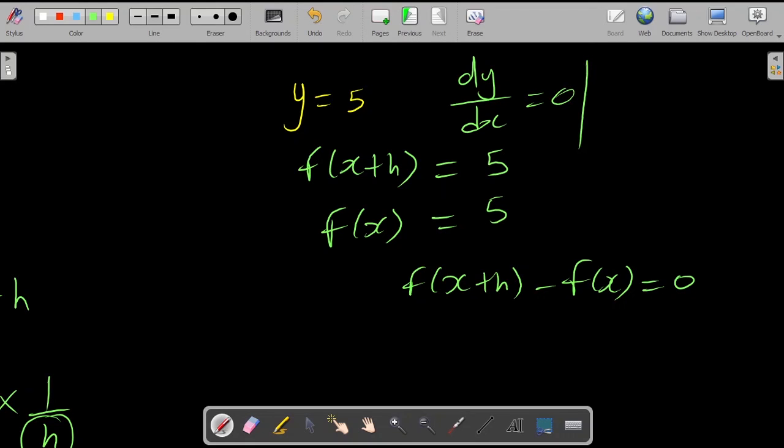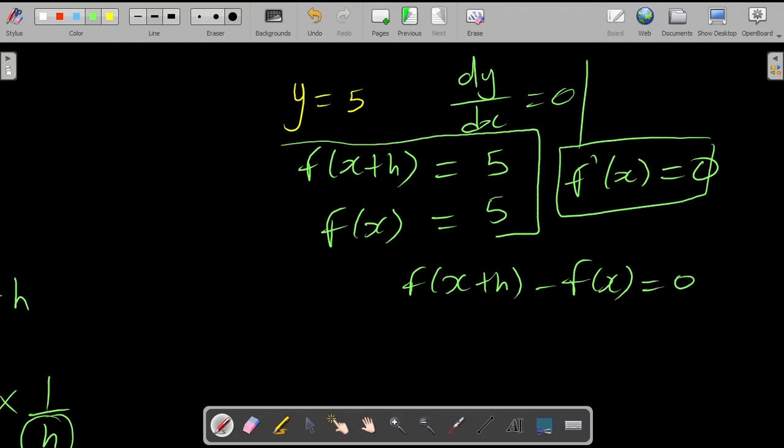Whenever you have a constant being a value, an integer or real number, whatever you want to call it, you basically expect that to be 0, or you can write it in this notation as well. It is 0. And this is how you show it using first principles. The numerator will be 0. It doesn't matter what you divide 0 by, it will always be 0.